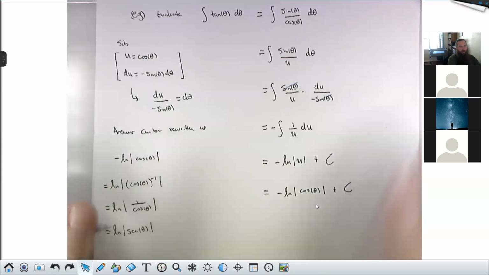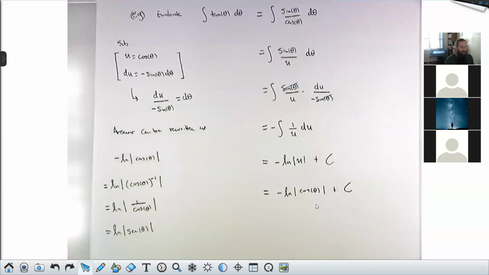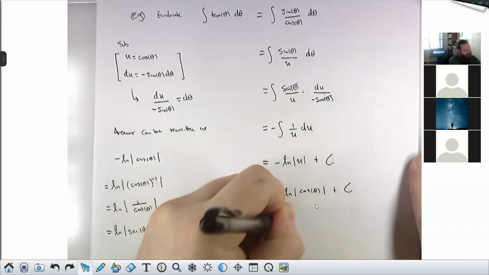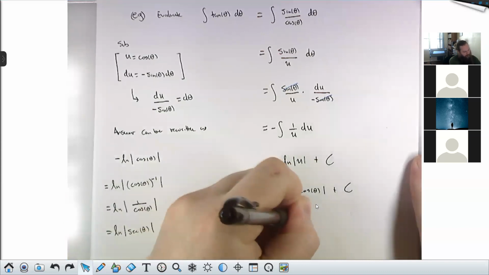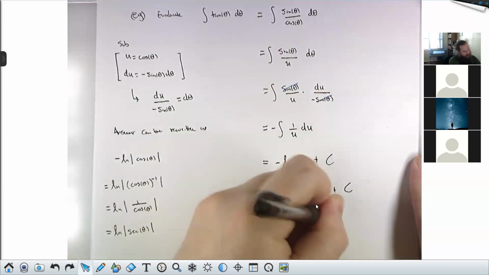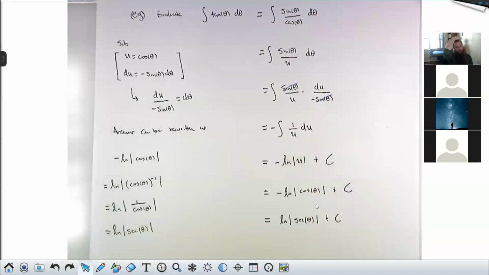So when I said, when you see a tangent, there's a secant nearby, another way to write this answer is as the natural log absolute value of secant theta plus c. And this is actually how I prefer to think of it. So the integral of tangent is the natural log of secant, just kind of has a ring to it. Sounds nice. But you can remember it either way.